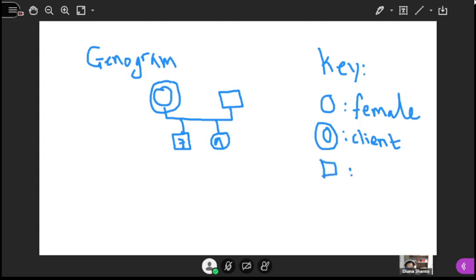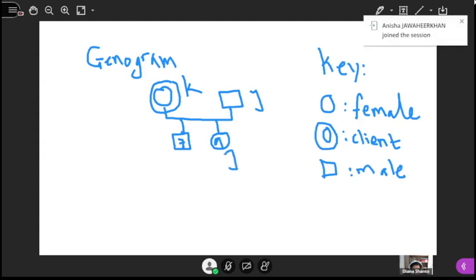Ok, ça c'est un exemple. Circle for female. Donc Katie is married to, qui j'ai dit? John. 2 kids, Julie and, j'ai oublié le nom, Patrick. Okay. Katie, Jacques, Julie, Patrick.